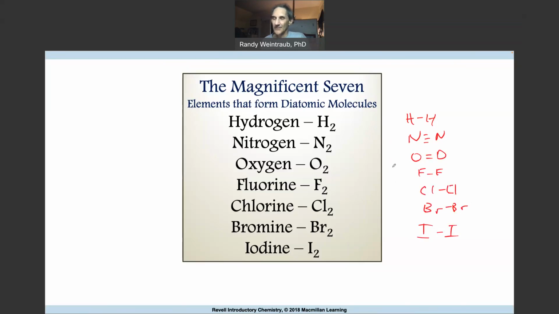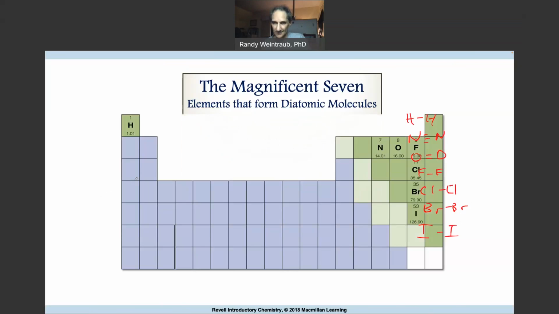Based on the valence electrons that they have and the way that they share electrons, this is how they would look. Hydrogen and fluorine are 2 of the diatomic elements, and we've seen how they form their bonds.